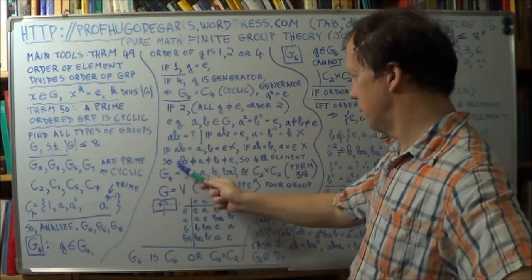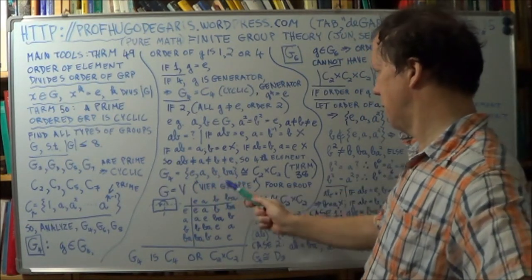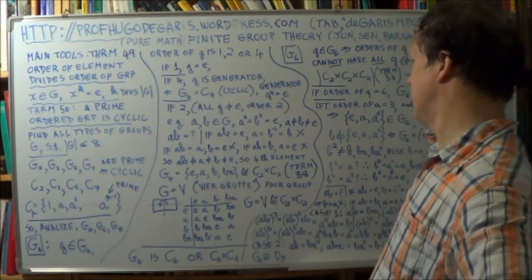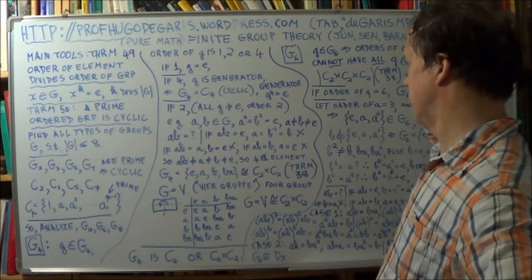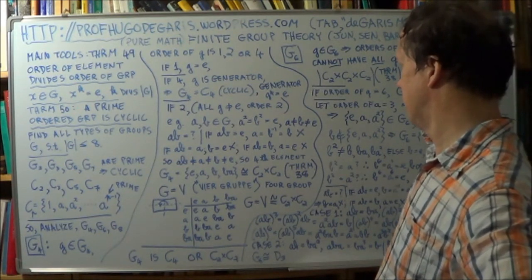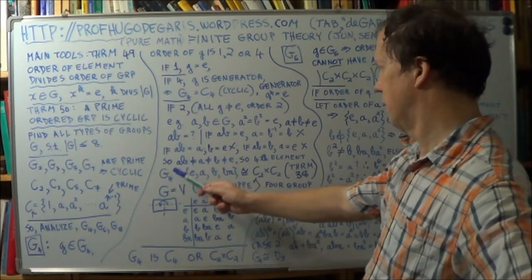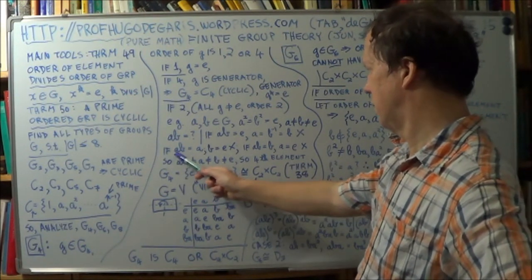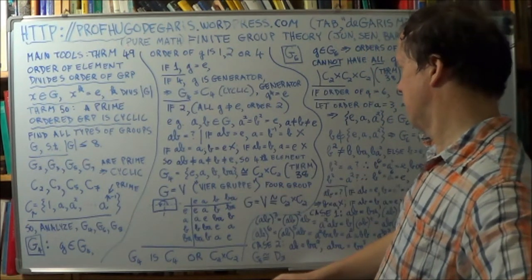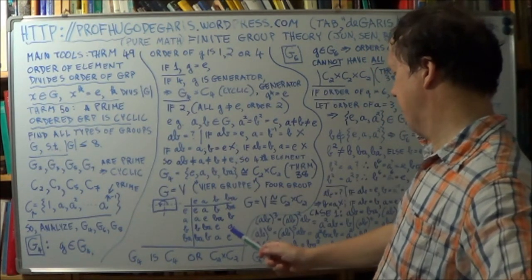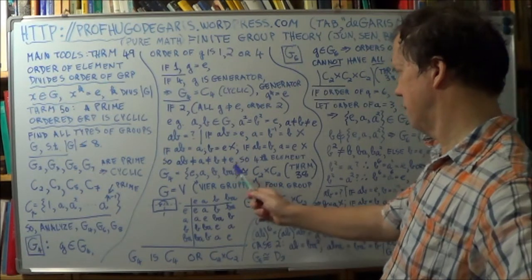And you can show, is that true? AB equals BA. I didn't see that.